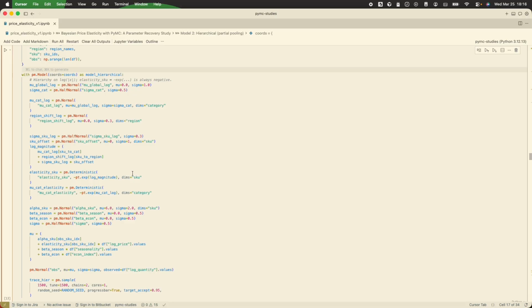That's why you see hierarchy on log magnitude, because it keeps elasticities negative and lets essentials versus beverages versus snacks sit at different baseline levels. So the partial pooling means the noisy products get pulled towards the category instead of just flying off.